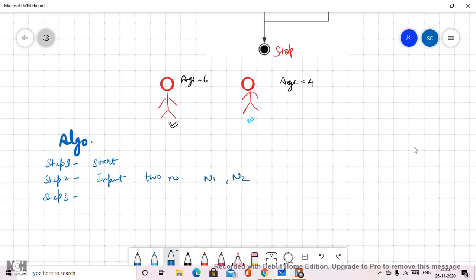The decision will be made on the basis of whose age is lesser. So we decide this one is a younger person or a kid.